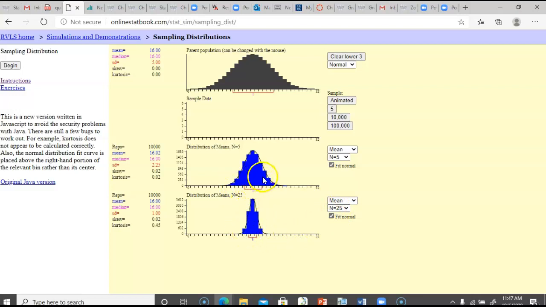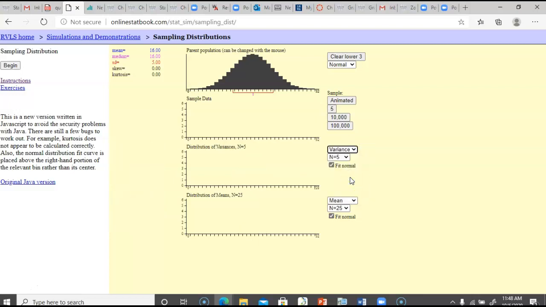What you notice is that as my sample size gets larger, the variation in the values gets less. This is a lot more clustered near the mean, whereas this one's a little bit more spread out. That's something we'll look at with the central limit theorem in section 6.4, but that's an important concept there.